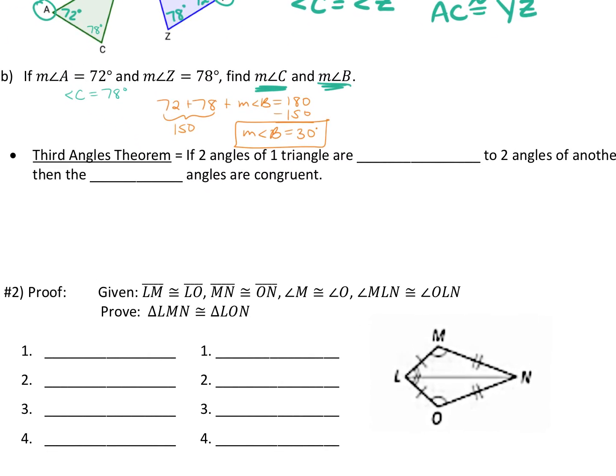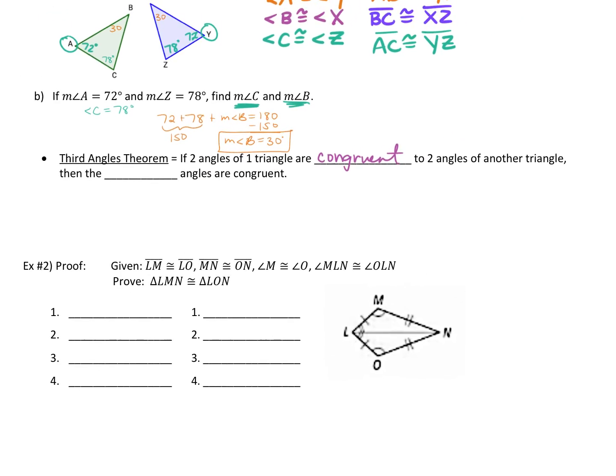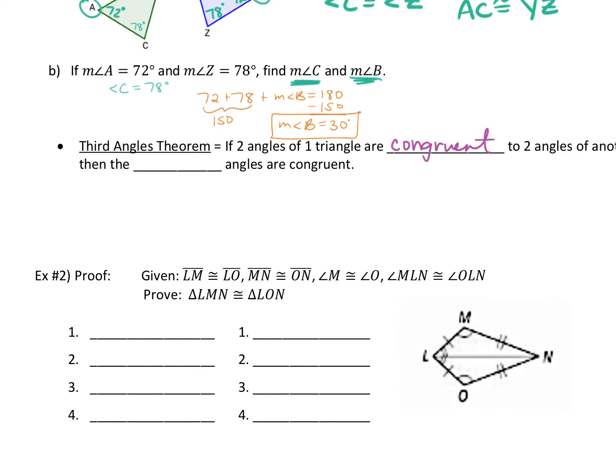There is this theorem. It's called the third angles theorem. And basically what it says is this. If I know that two angles in one triangle are congruent to two angles of another triangle, then I know that the third angles are congruent as well. Okay? Here's what I mean.